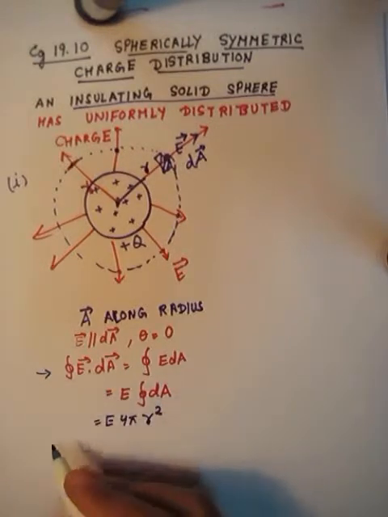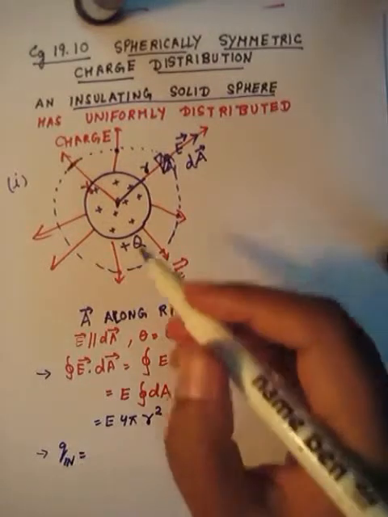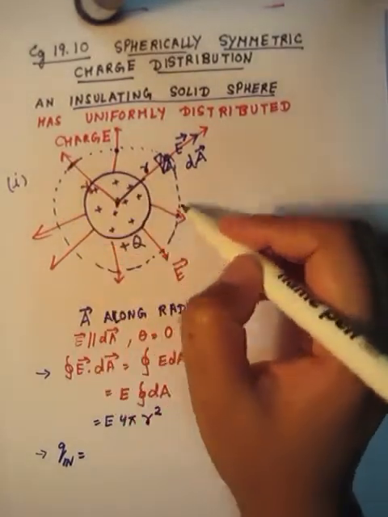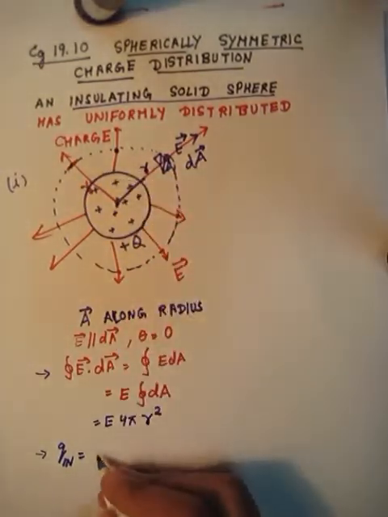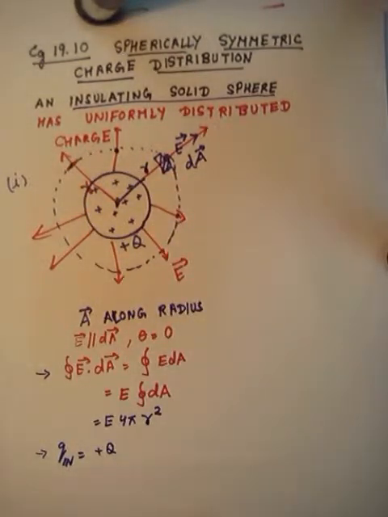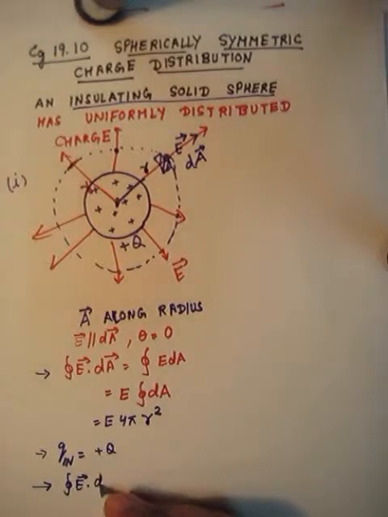Now what is the total charge enclosed by the surface? This is our Gaussian surface, and inside this surface you have this total charge, so the total charge will be plus Q. Now we'll put these values in the Gauss's law equation.